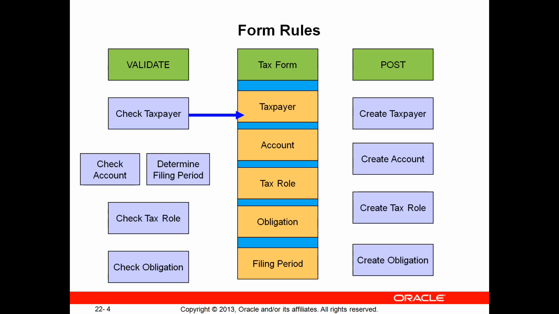So generally what happens is the check taxpayer form rule simply can check within the system whether the taxpayer already exists based upon the form information, based on the name, first name, last name, ID type, ID value. And then if it finds it, it just simply puts the taxpayer ID onto the form.